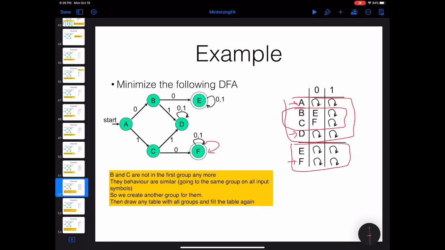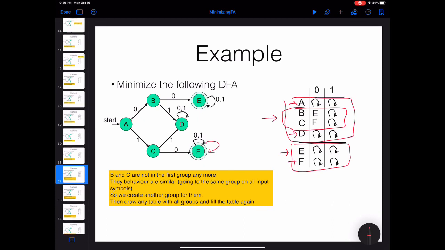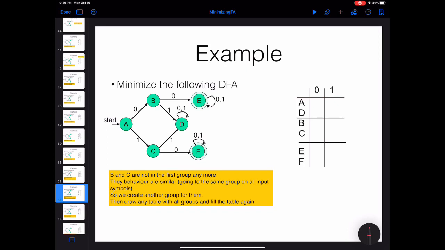B over 0 is going to a different group. C is going to a different group, but they are going to the same group, right? Both of them are going to the same group. So I'm going to split this group and create two different groups for this one: A and D, B and C, and I'm not touching E and F.